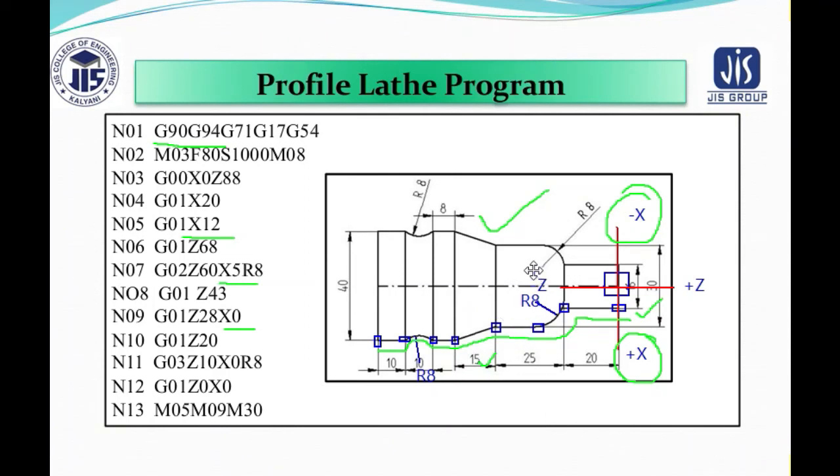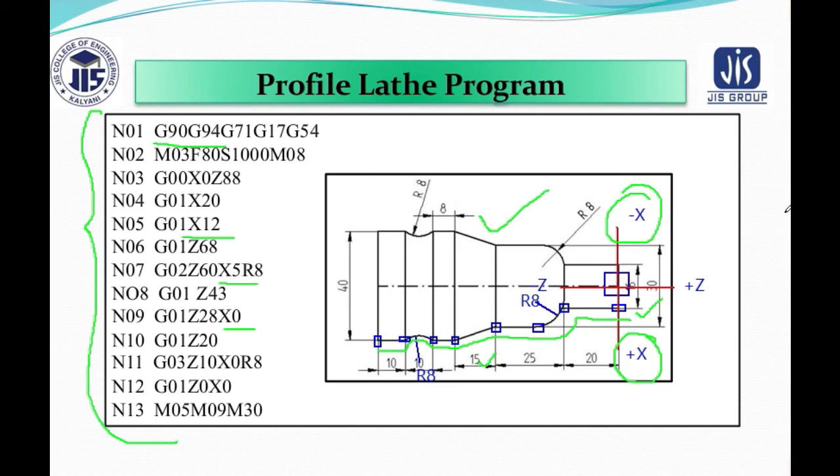If I go for the incremental mode, then the entire programming has to be changed, because in incremental mode the coordinate value for the second point is always taken with respect to the first point. The coordinate value for the third point will be taken with respect to the second point. But in absolute mode, it is always considered from 0, 0 originally.